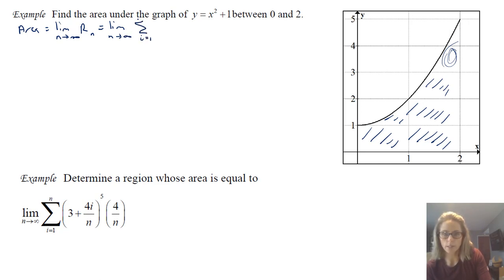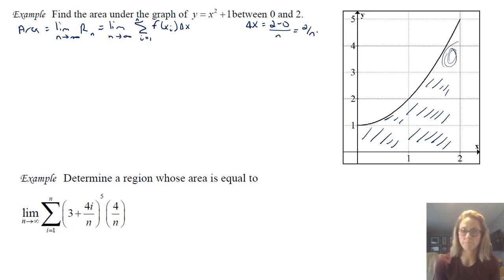So i equals 1 to n and f of x sub i times the change in x. And again, I could have done the left-hand side or the right-hand side because as n goes to infinity, they're the same. Now, if you think about this, the change in x is b minus a over n, so 2 minus 0 over n, or 2 over n.